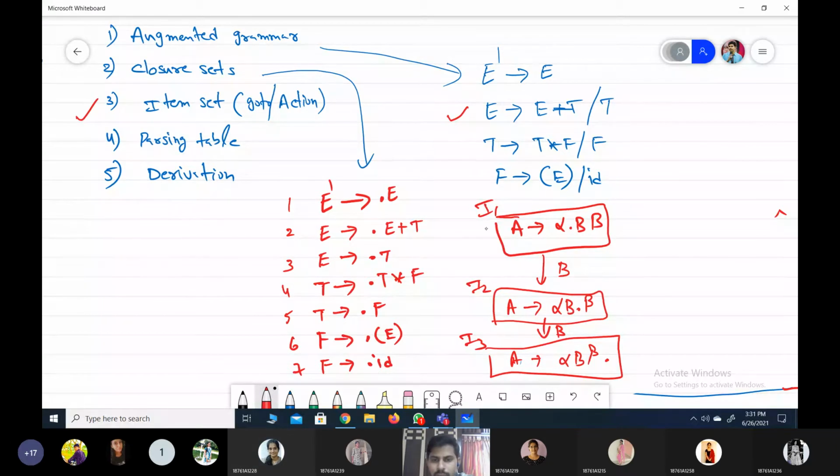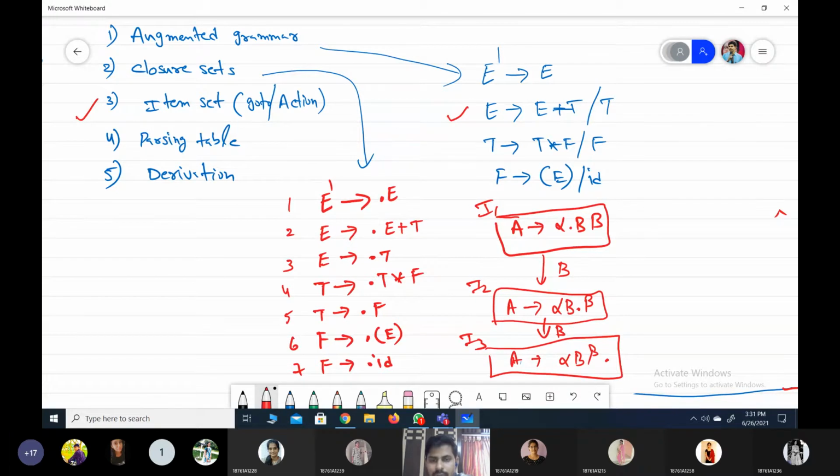Now you have to follow that procedure in the construction of the closure set. In the construction of the item set, each and every time you have to verify whether any non-terminal is available; then the non-terminal replaceable productions in the context-free grammar or augmented grammar are to be added to the present item set.